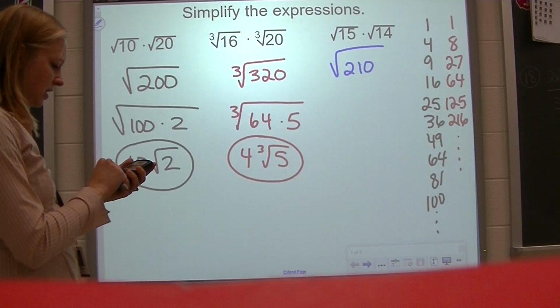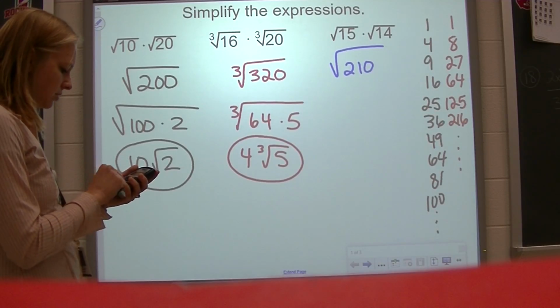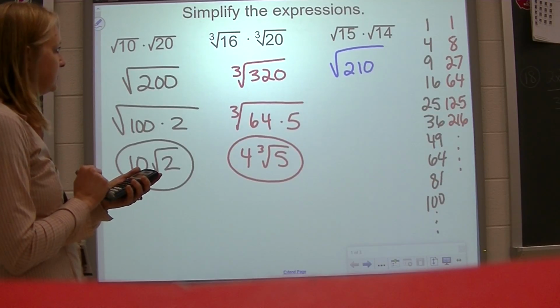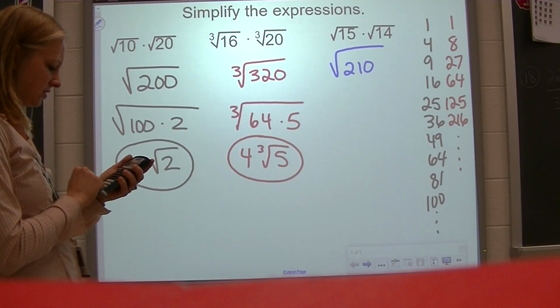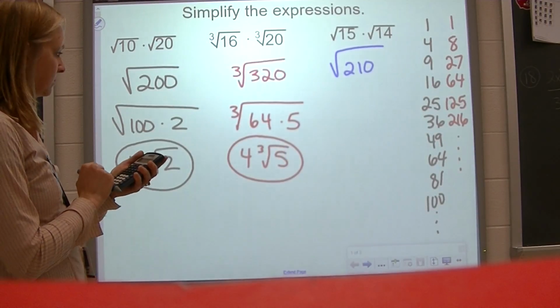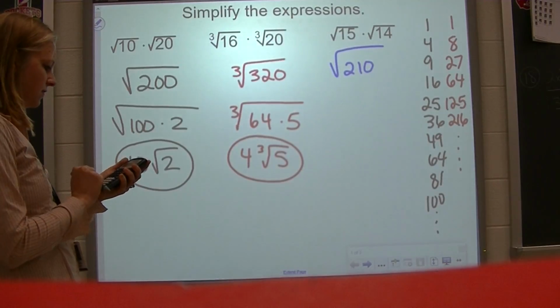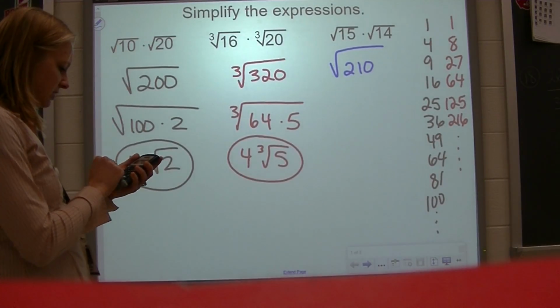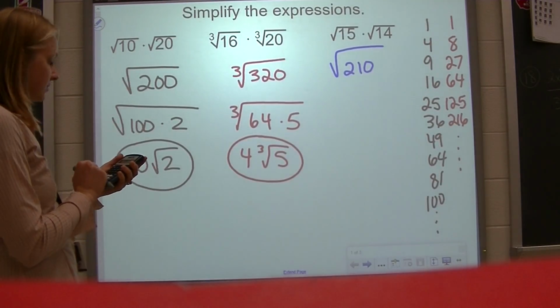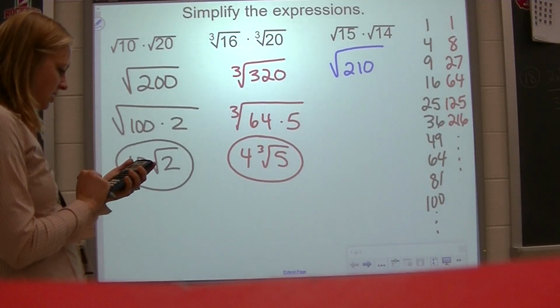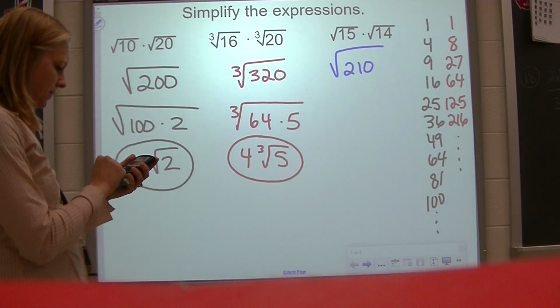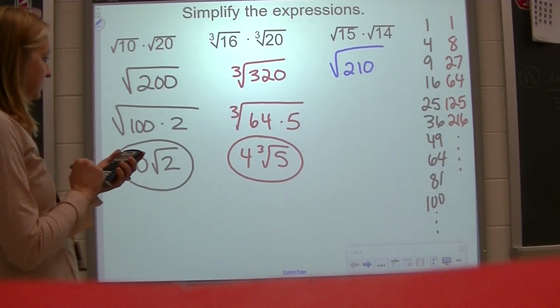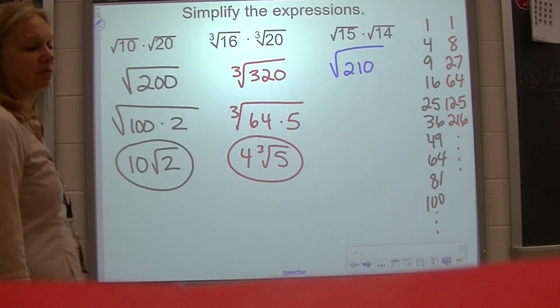Let's try 49. My guess is that won't work. And it doesn't. Let's try 36. That doesn't work. Let's try 25. That doesn't work. Let's try 16. That doesn't work. Let's try 9. That doesn't work. Let's try 4. That doesn't work. So I guess that's it.